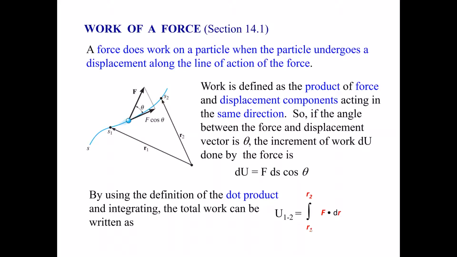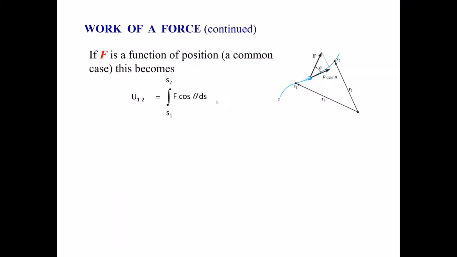Our vectors represent our position relative to some point, if we want to call this the origin, and then here is our second position. If our force is a function of position, so it changes as a function of position, so this is F as a function of s, we can just write it this way.